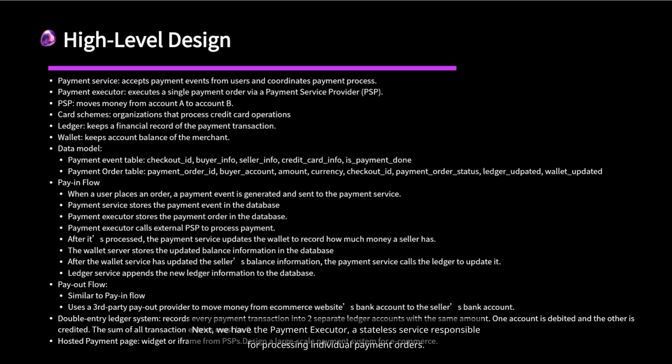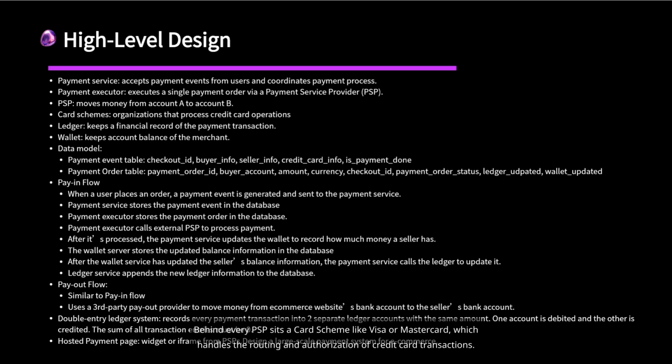Next, we have the payment executor, a stateless service responsible for processing individual payment orders. It interacts with external payment service providers, PSPs, such as Stripe or Adyen, to actually move the money from the buyer's funding source to the platform's account or the merchant's account.